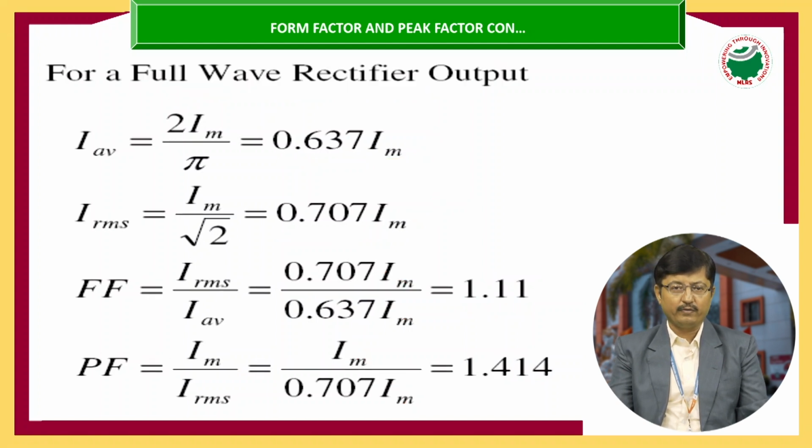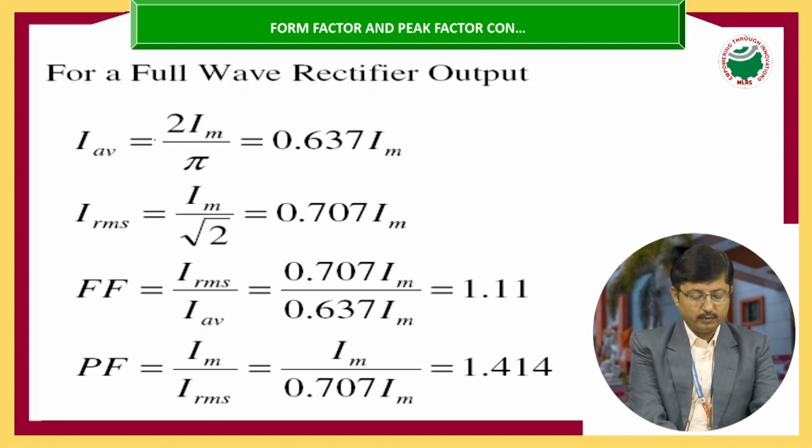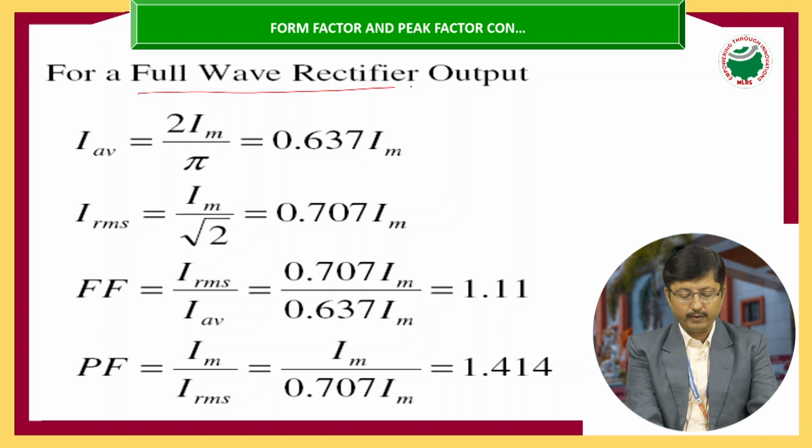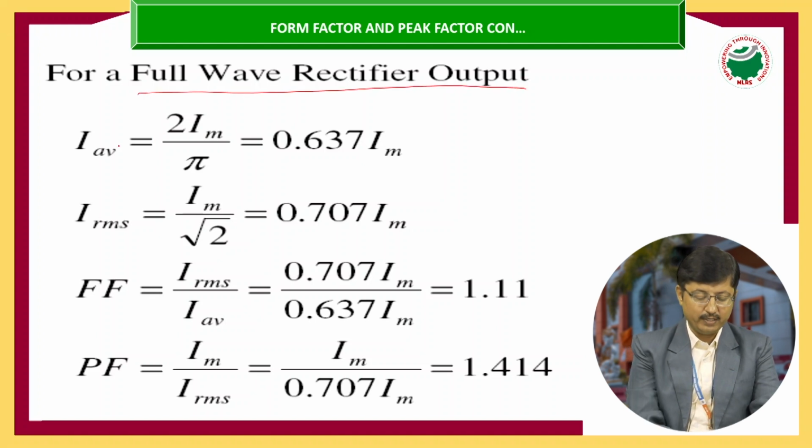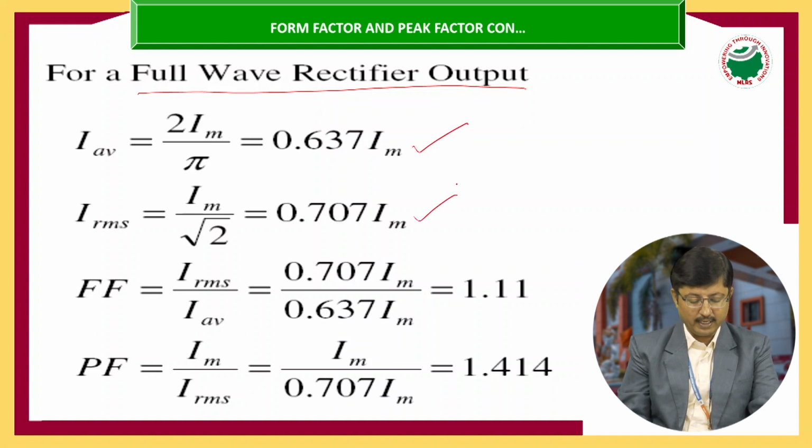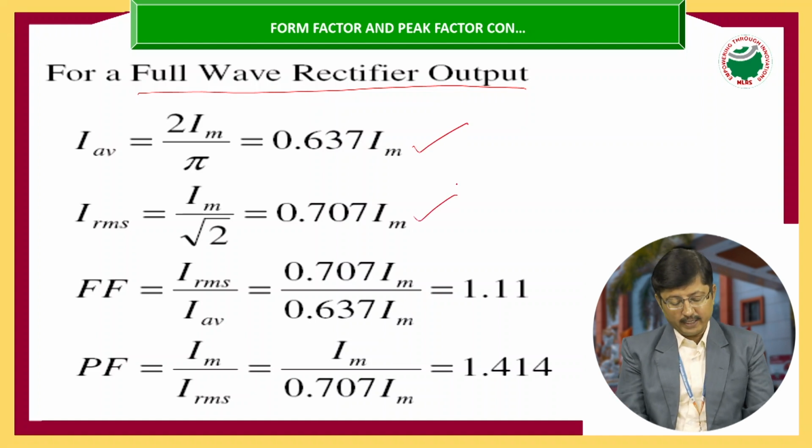Coming to the full wave rectifier output. Just now we have seen the average values and RMS values for full wave rectifier outputs. Then the form factor is nothing but the ratio of RMS to average value.